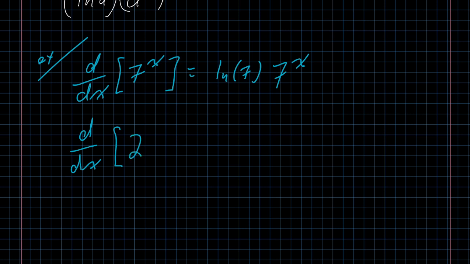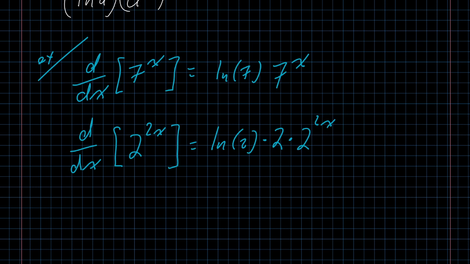If I want 2 raised to the 2x power, well, the rule says it's going to be the natural log of 2 times the derivative of 2x, which is 2, times the original function, 2 to the 2x power.